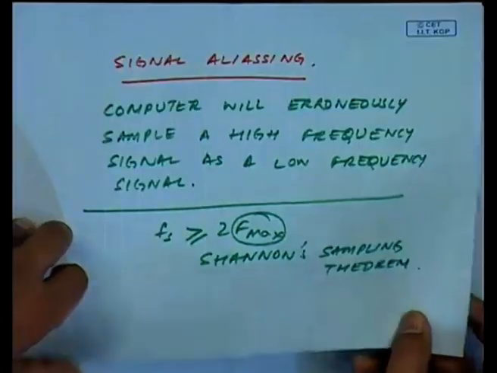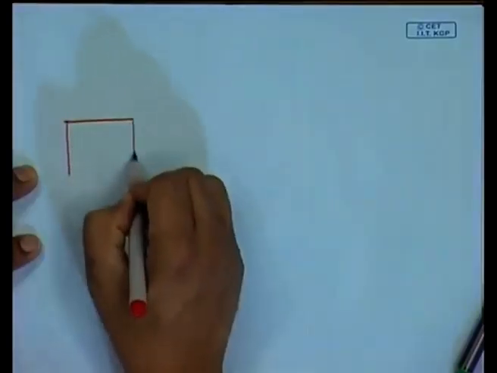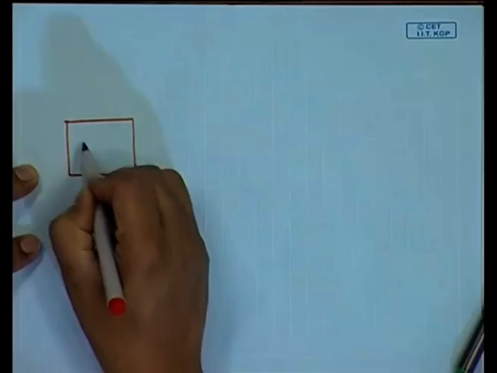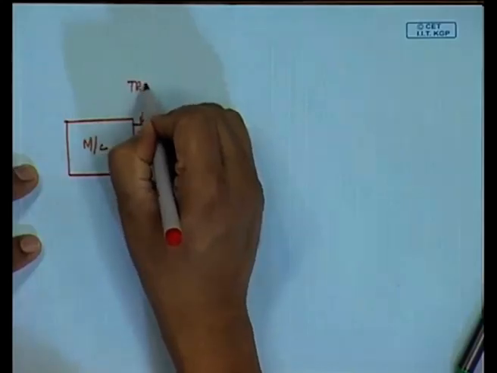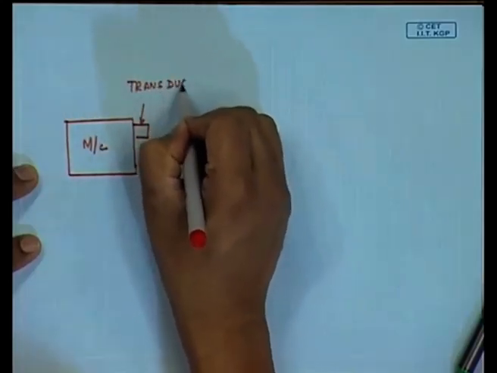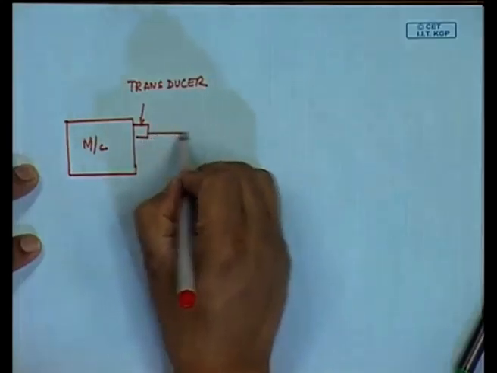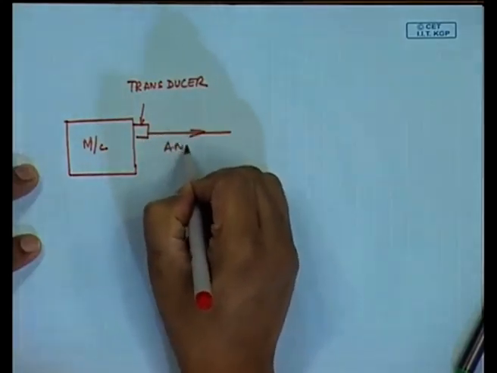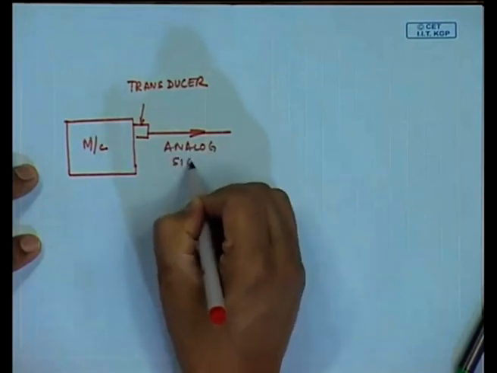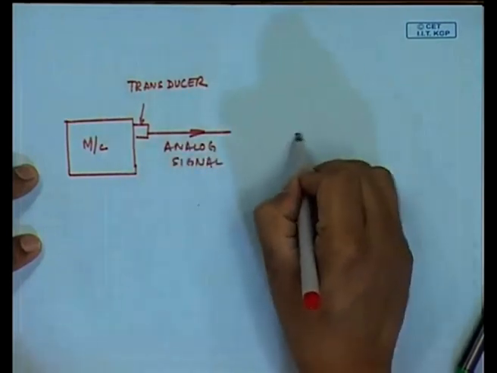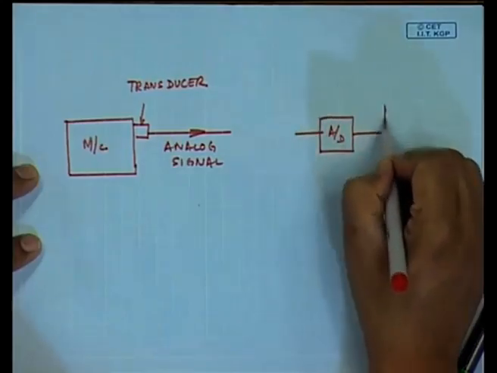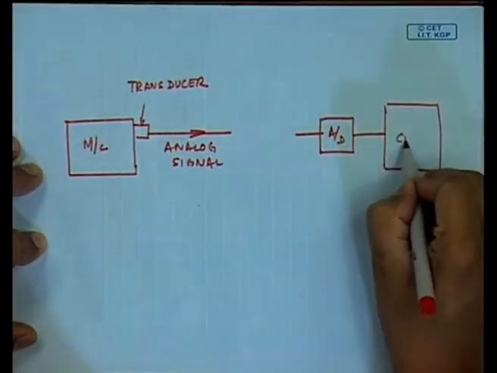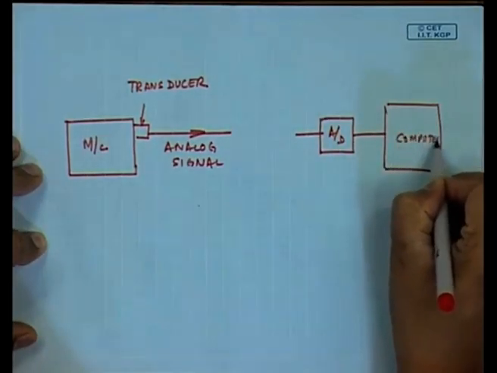So, we have to do a little hardware modification to this. This is my machine. I have put my transducer. I am having this analog signal, and then I am having my A to D converter, and then I am having a digital signal computer where all this data is being stored and analyzed.